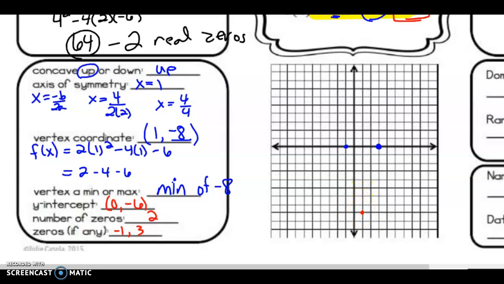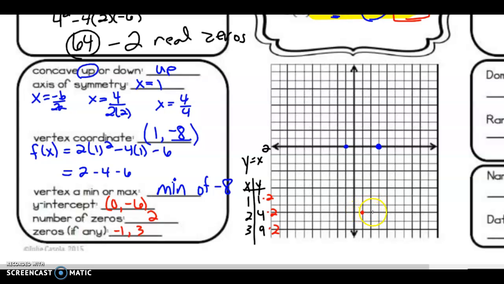And then it was a vertical stretch of 2. So normally on the parent function, if it was just x squared, 1 squared is 1, 2 squared is 4, 3 squared is 9, and so on. But I want to double all of these because I had a 2 in front.